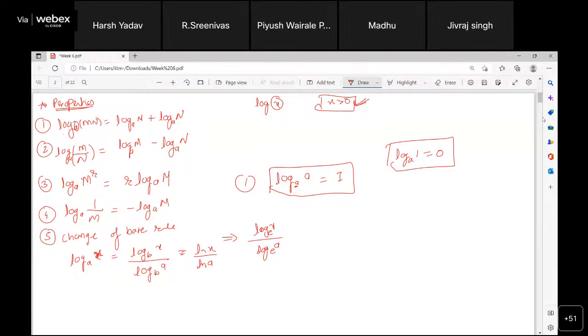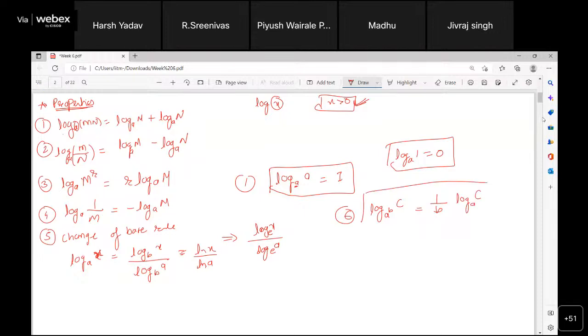So these are the 5 properties. Any other remaining? I guess one more thing is log of c to the base a to the power b. So here I am talking about the base power. It is equal to 1 by b. Whatever is there on the power will come in the denominator, 1 by b, and then log of c to the base a.